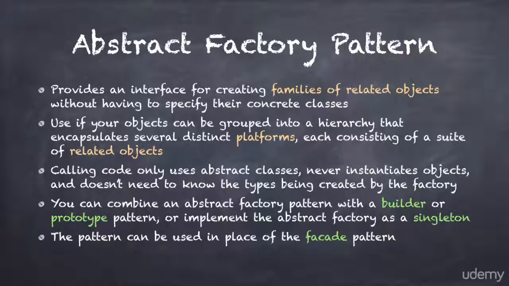Use this pattern if your objects can be grouped into a hierarchy that encapsulates several distinct platforms, each consisting of a suite of related objects. The calling code only uses abstract classes and never instantiates objects directly, and it does not need to know the exact types of the products being created by the factory.